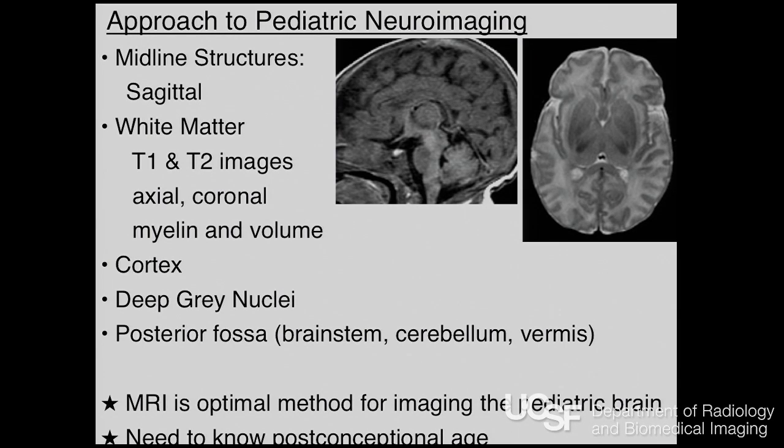For instance, you can look at the corpus callosum and see whether or not it has formed. You can look at the volume of the callosum, which is a reflection of the white matter volume in the supratentorial brain. You can look at the signal intensity of the callosum, which can be an indicator of myelination or even abnormal myelin.